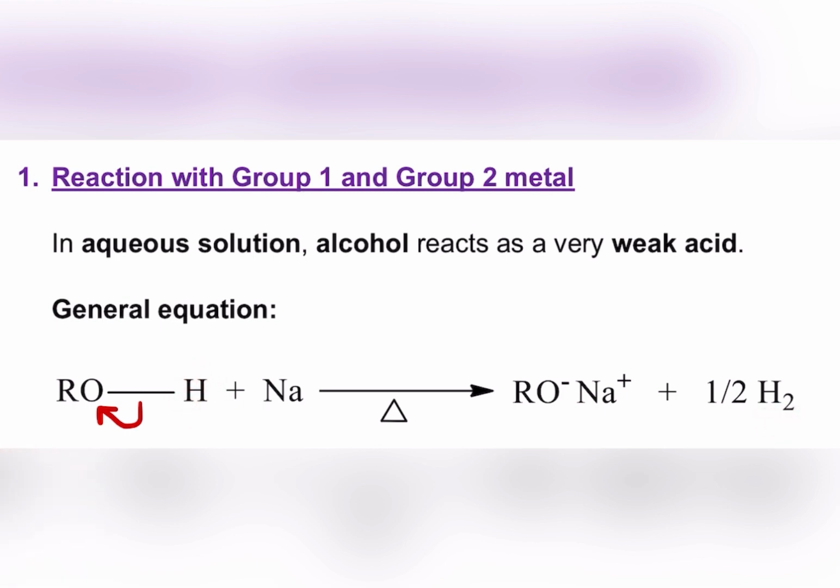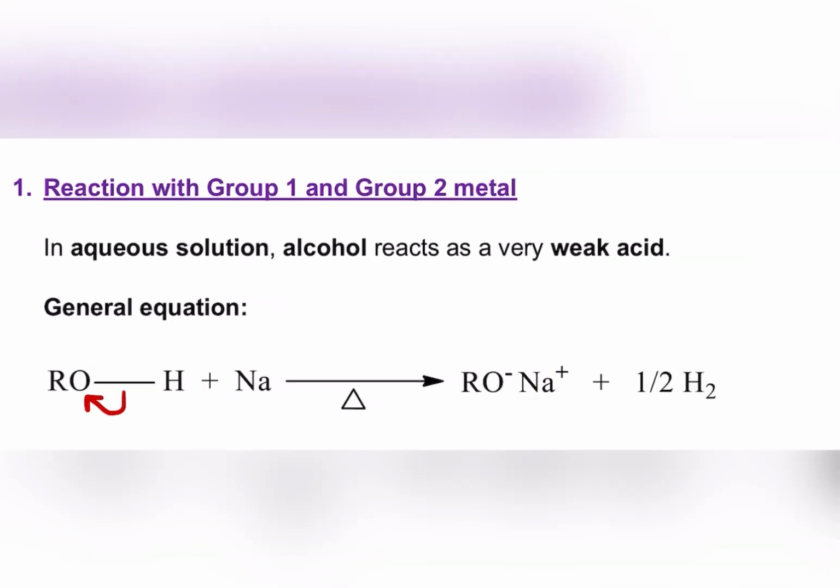That's why I put coefficient half in front of the chemical formula of hydrogen gas. Please make sure you indicate hydrogen as a gas, or you can write it as an arrow pointing up. Both of these are acceptable. So that is the general equation for reaction with group 1 and group 2 metals.